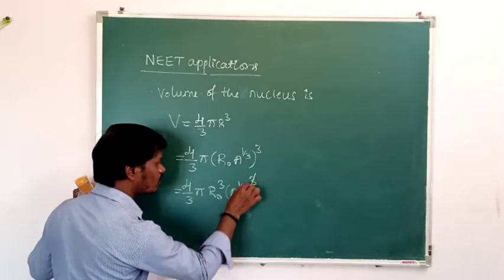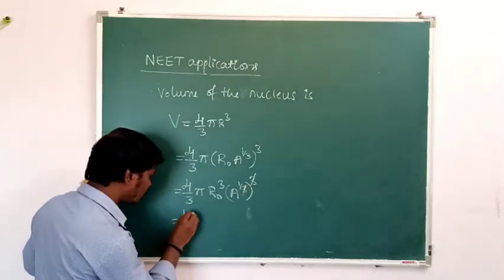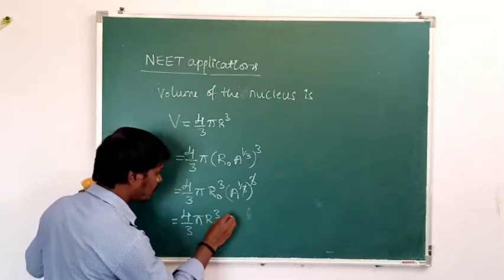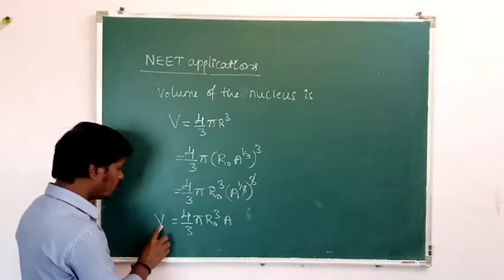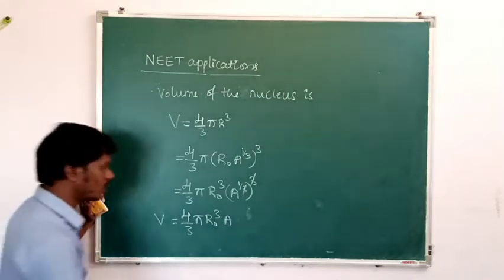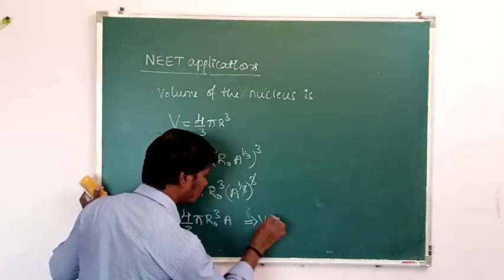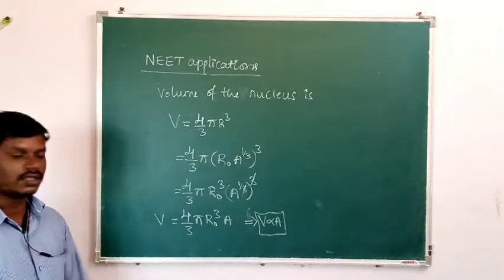Then this 3 gets cancelled. Then what we got? 4 by 3 pi r naught cube into A. So what it is showing, the volume of the nucleus is directly proportional to its mass number.